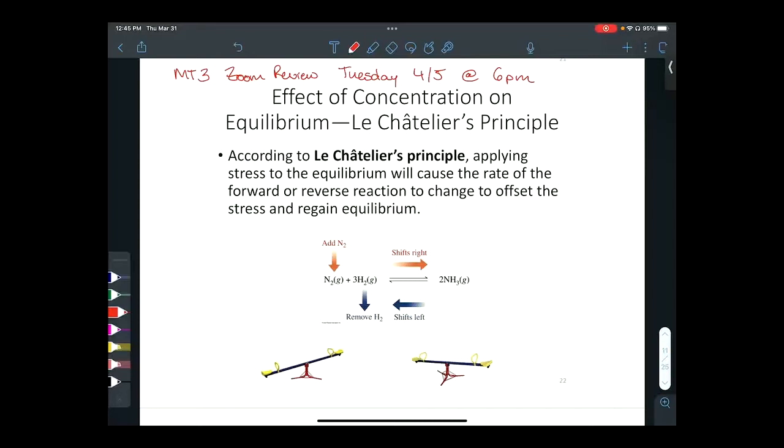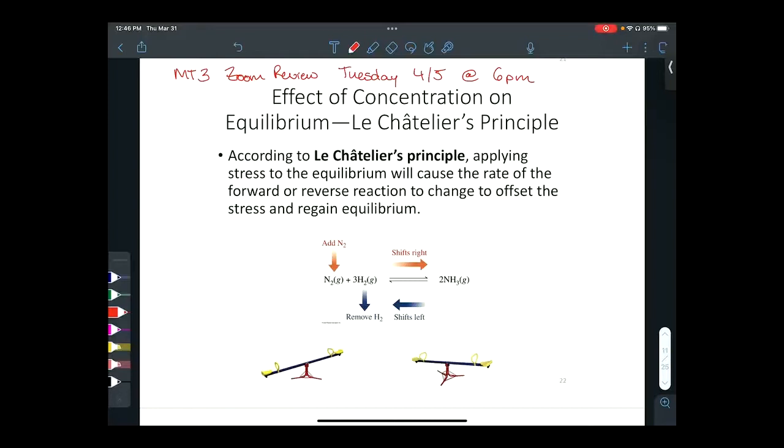All right, so we left off talking about Le Chatelier's principle. It sounds French, but really all Le Chatelier's principle is talking about is the idea that we have a reversible chemical reaction, and if we make small changes to it, if we poke that equilibrium, it's going to respond to us adjusting it.